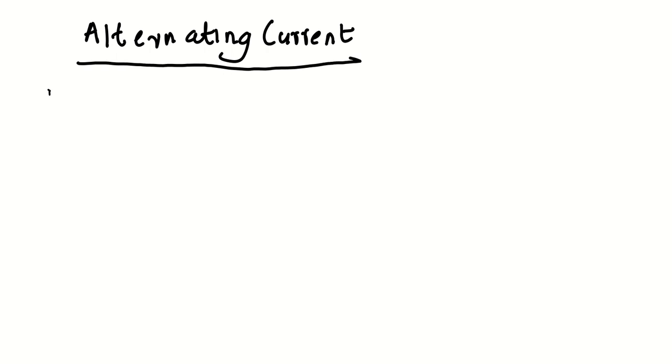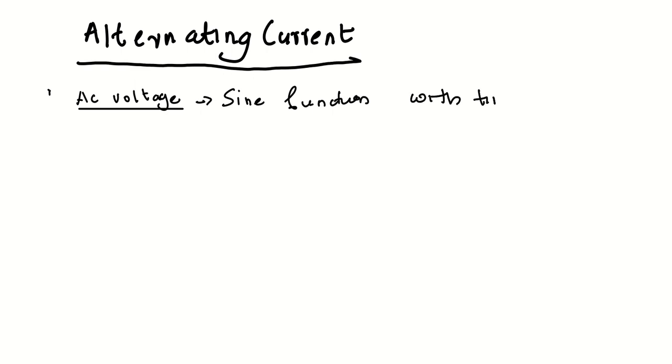So the alternating voltage, AC voltage, is a sine function with time.